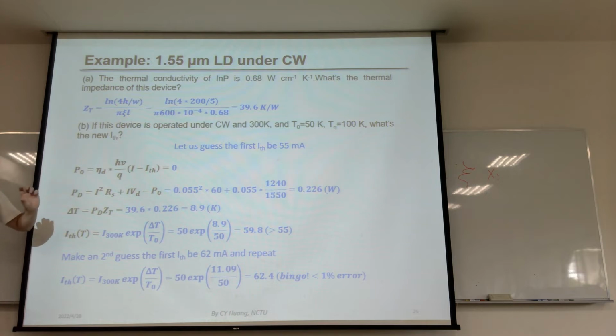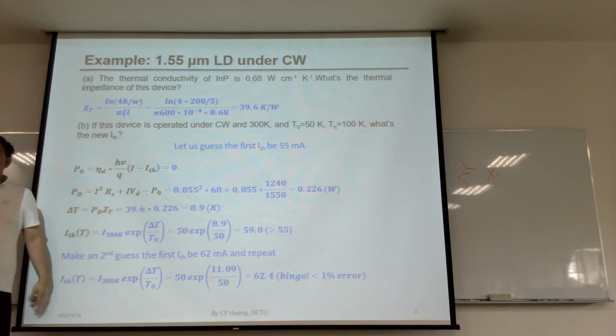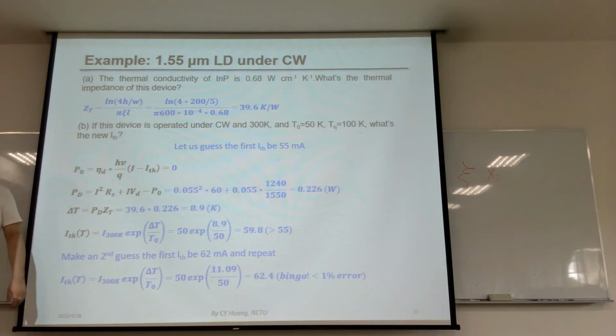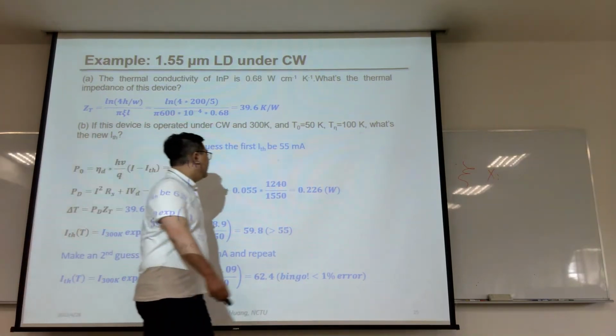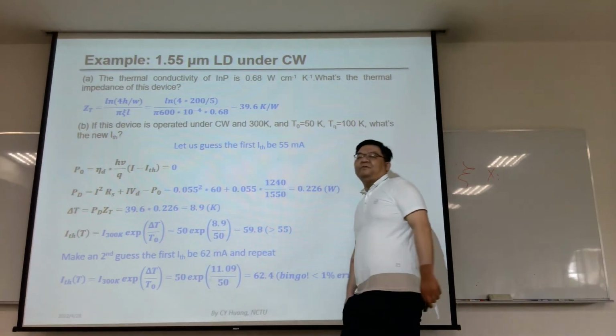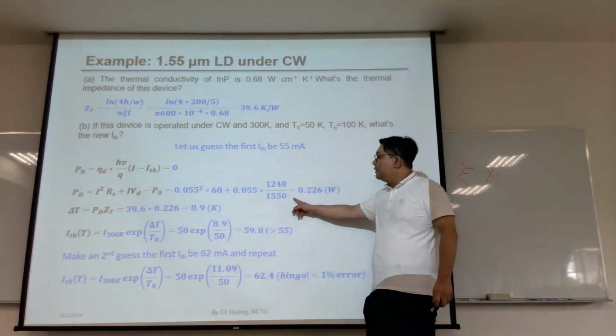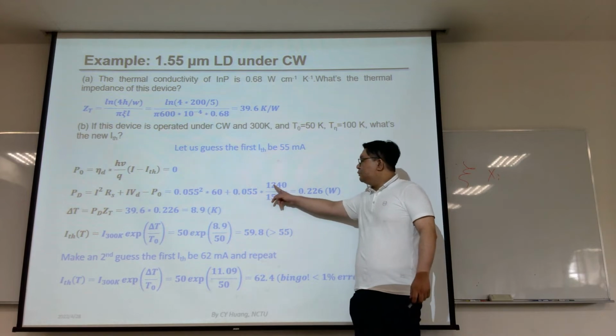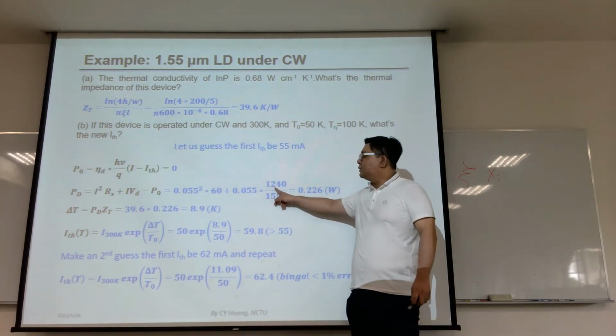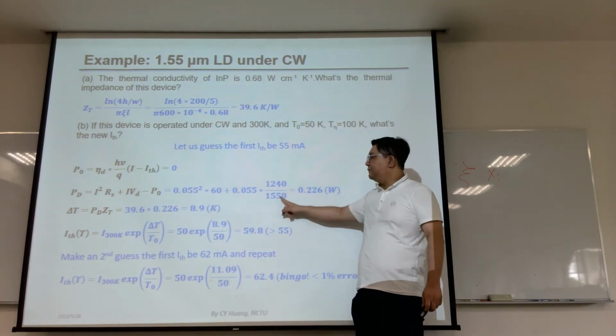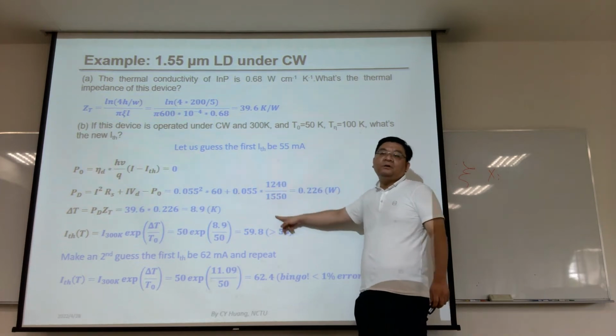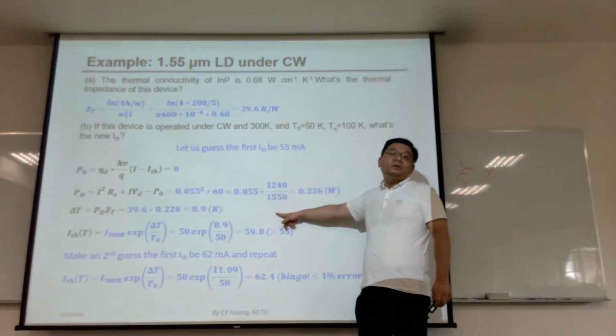What's the ideal diode? That means the electrical energy is transformed into photon energy perfectly. So for 1.55 micron, the photon energy is 1240 divided by 1550, and this is the ideal diode energy.